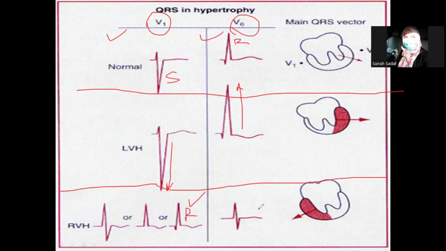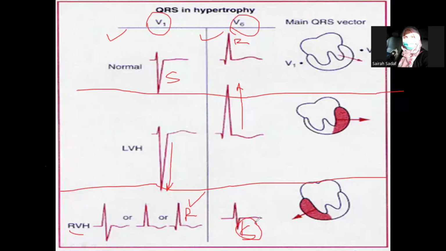And in V6, again, the things will be opposite in case of RVH. As you can see, in V6, normally the R wave is tall and there is a very small S wave. So in the case of RVH, you will have a deep S wave and a small R wave. Now I will repeat this in another way.